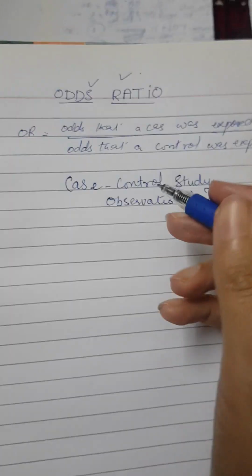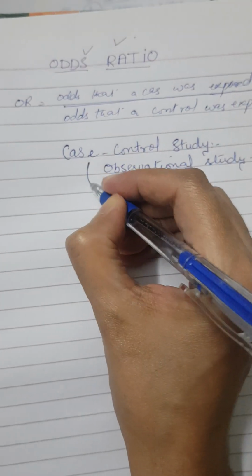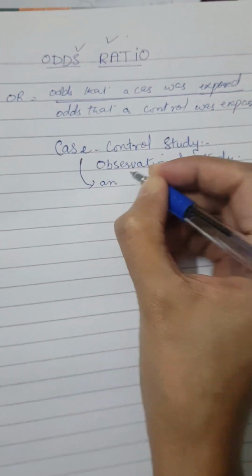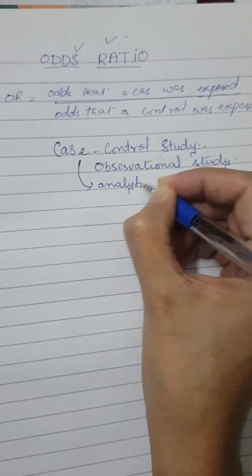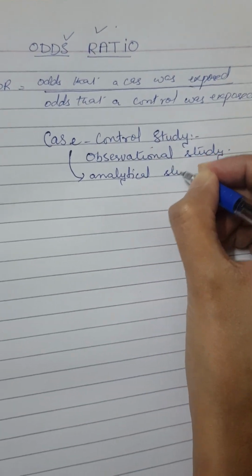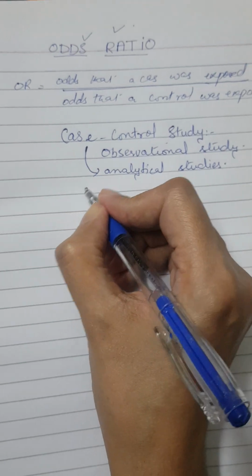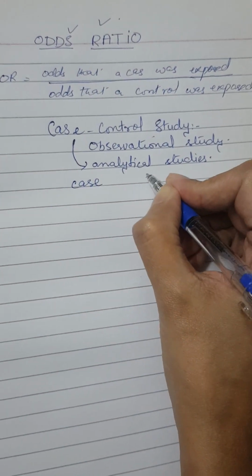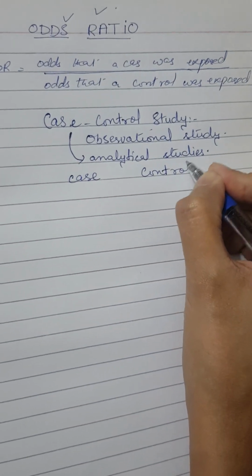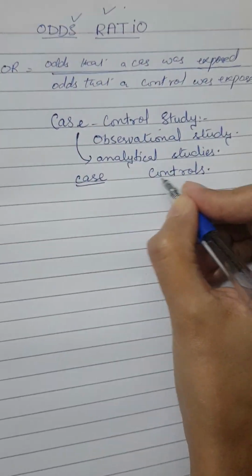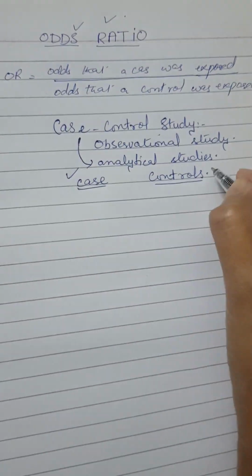It falls under the classification of analytical studies, because we are comparing two groups. Group 1 is of cases and group 2 we take the controls. Cases are with the disease while the controls are without the disease.